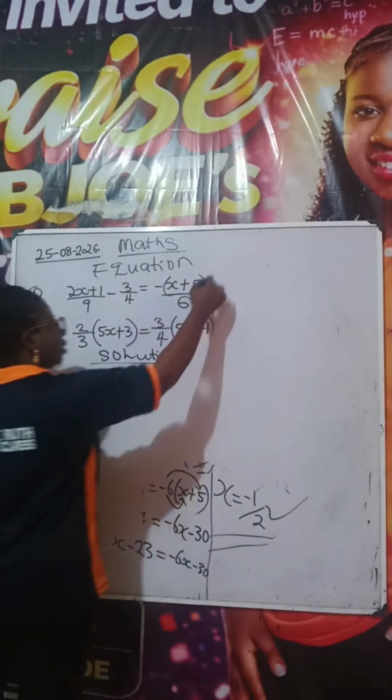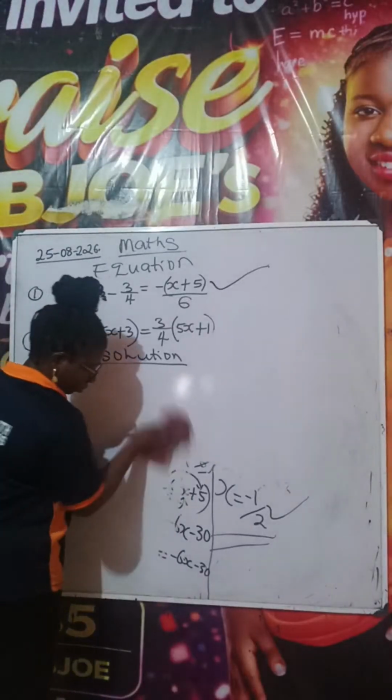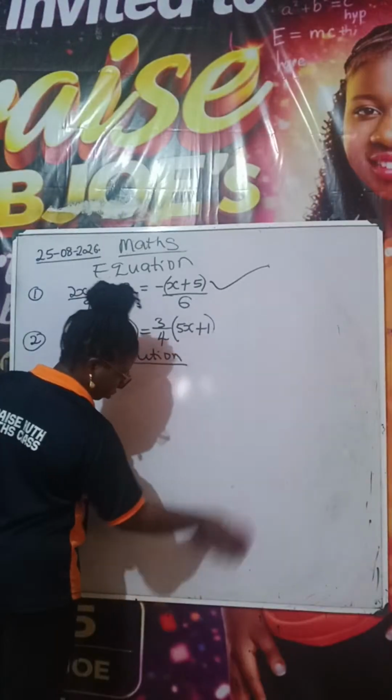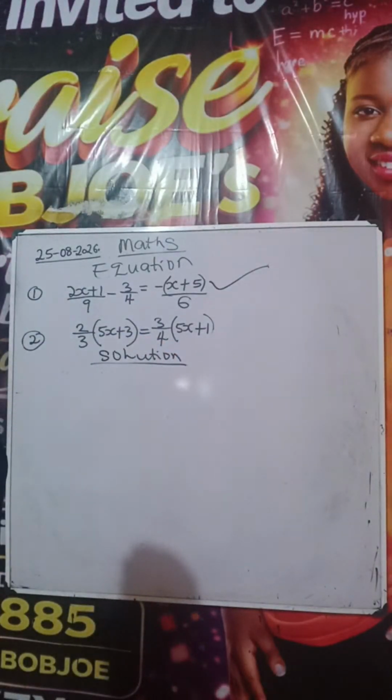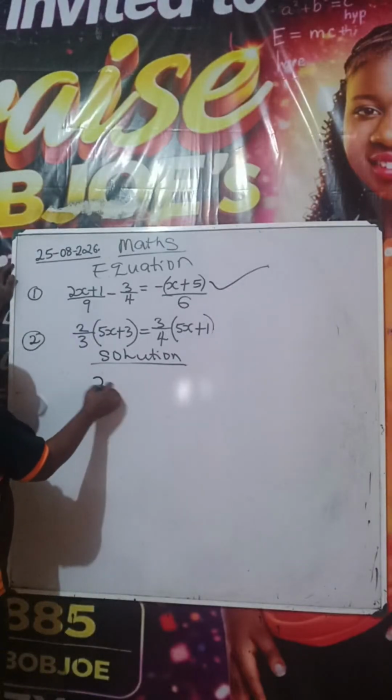So we have done this one. Everybody, let's talk our mind now. Now look at it. You have 2 over 3.